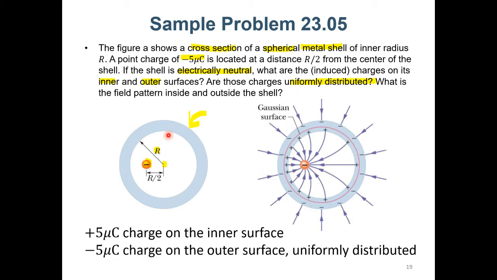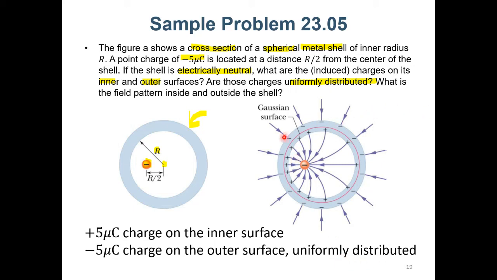And actually the shell is electrically neutral, which means that for the outside surface there will be a negative induced charge, and this part would be uniformly distributed.